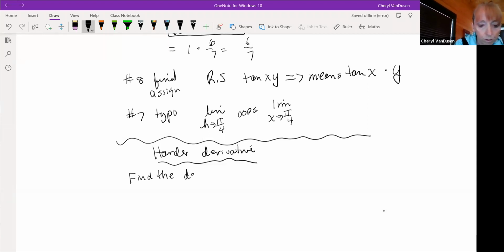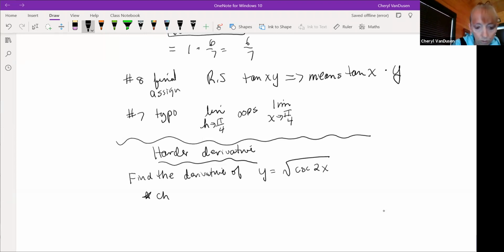Find the derivative of y equals the square root of cosecant of 2x. Okay, so we have to be really careful here that we are going to have to apply the chain rule a number of times. Okay, so this is a chain rule on steroids, so to speak. So we're going to have to apply it to the square root part.